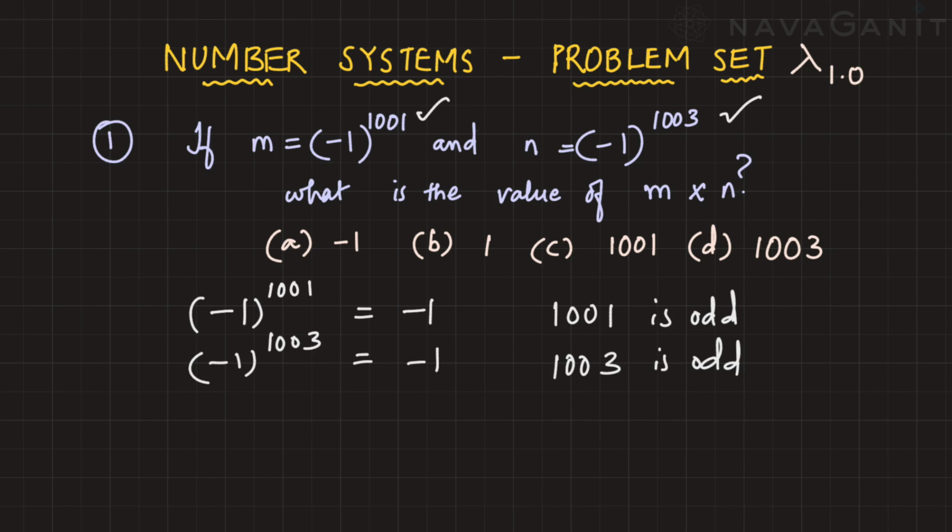Because minus 1 to the power of say n, if n is odd, would become minus 1, and if n is even, it would be 1.